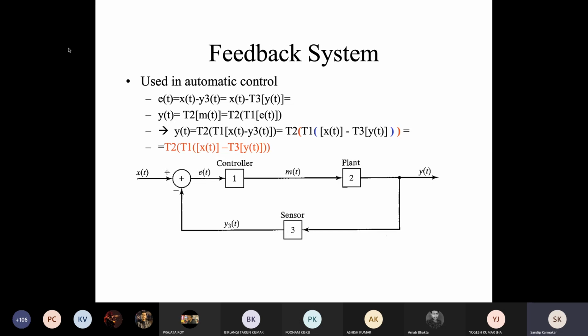So y(t) is a function of itself, right? Yes, sir. So you can rearrange the terms and find the equation. What is y(t)?